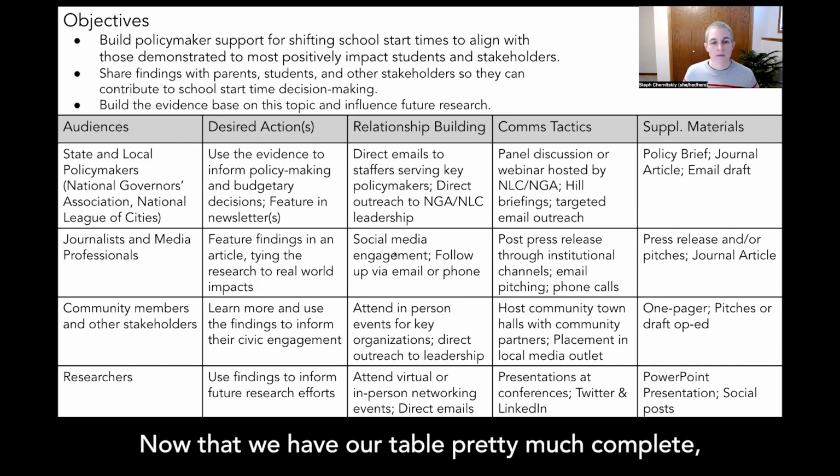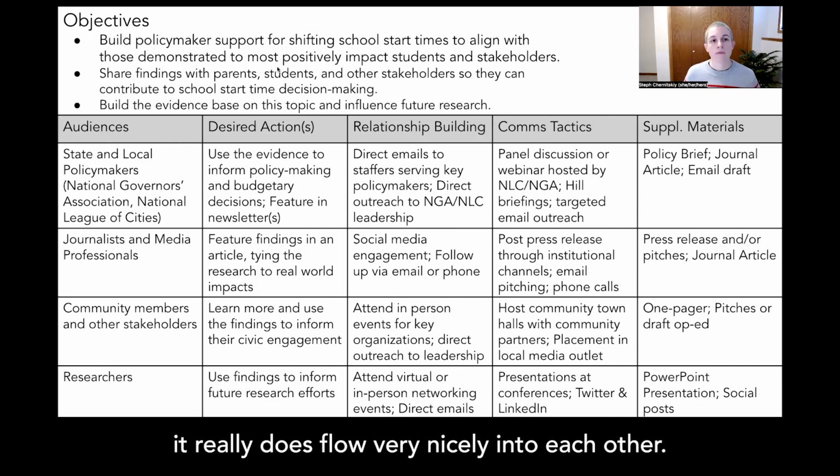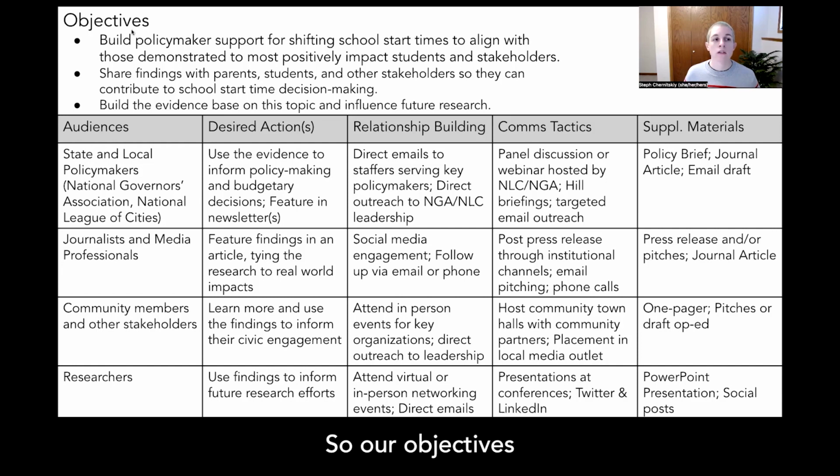Now that we have our table pretty much complete, I do want to just take a moment to make a couple of notes. So as you can see, it really does flow very nicely into each other. So our objectives helped us identify our audiences. Once we identified our audience, we kind of moved across the row.